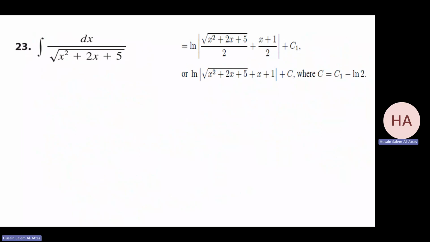Okay. The x squared to complete first. So I have x squared plus 2x plus minus 1. Plus square 4. Okay.